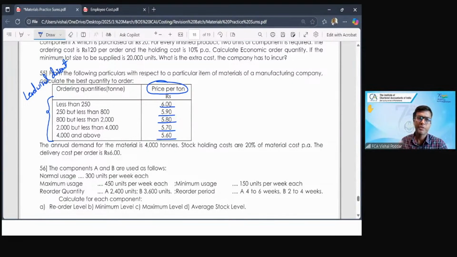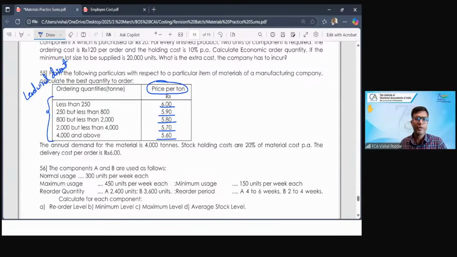Now, this is a practical scenario. Wherever you decide to place a higher quantity order, the supplier is inclined to give a discount because he is also happy that more quantity is getting sold. So, as you are increasing your order size, the supplier is reducing the price, or in other words, giving you a discount.